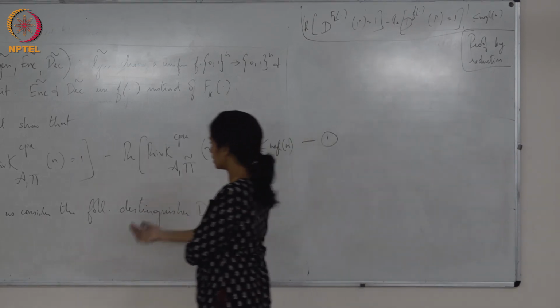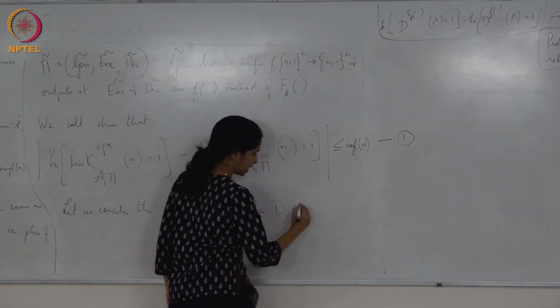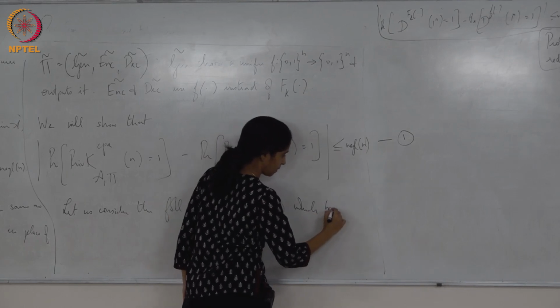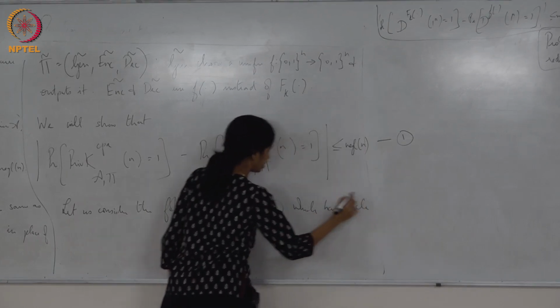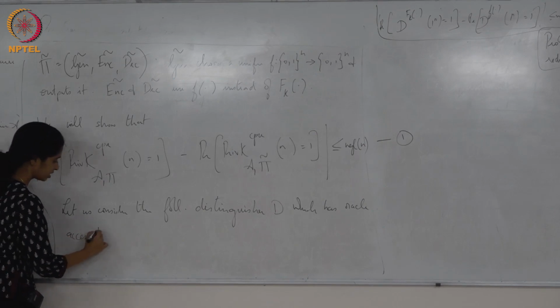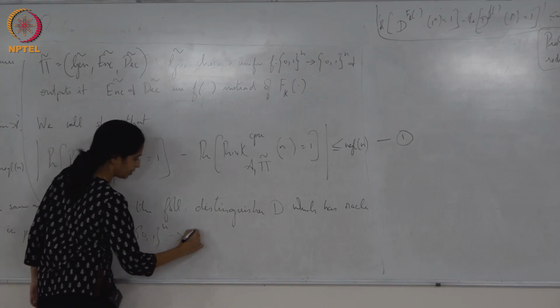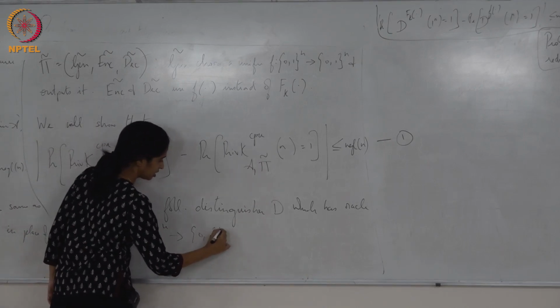Okay, so we will now consider the following distinguisher D, which has oracle access to O from n bits to n bits.